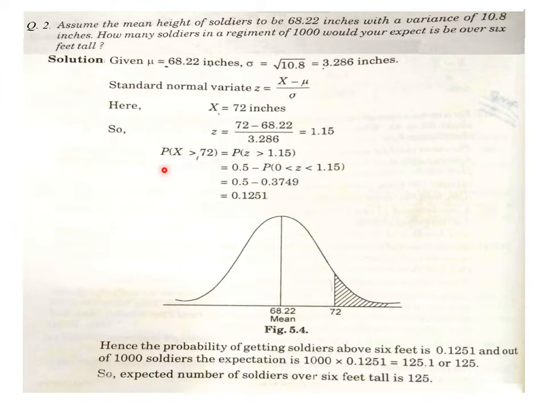So in the x model we need the probability x greater than 72, and for x equals 72, the value of z is 1.15.